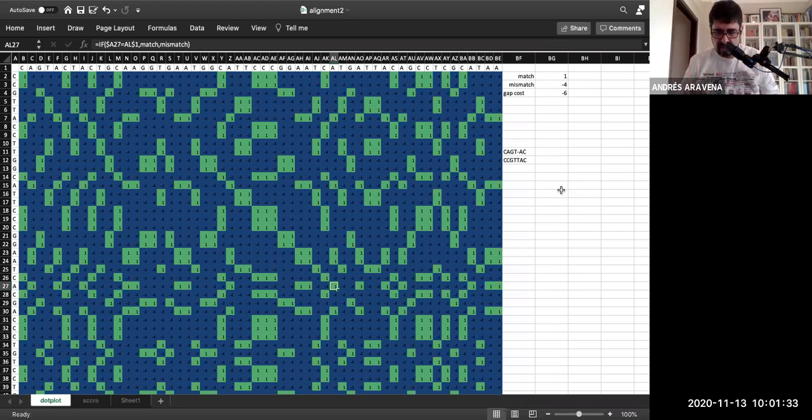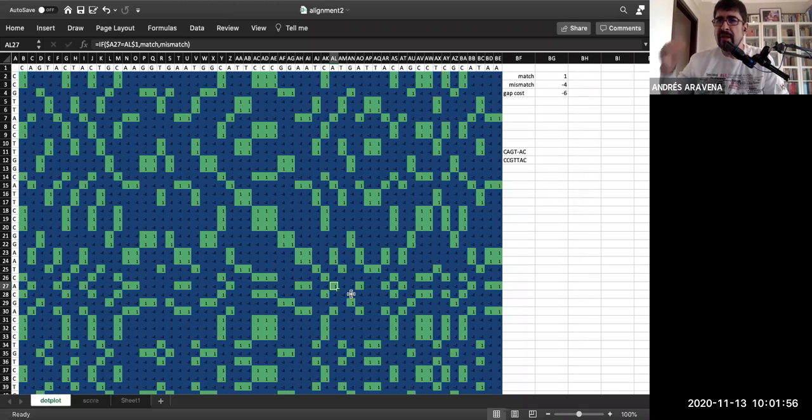So let me say it again. When you are comparing two sequences, you have essentially the freedom to put gaps. And when you put gaps, you will get some score. The trick is that finding the best score is straightforward with filling this matrix.